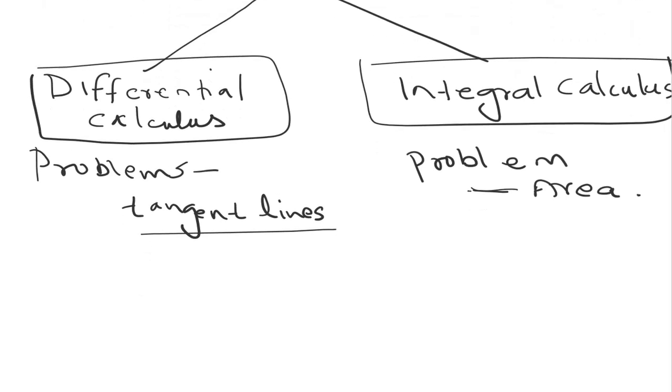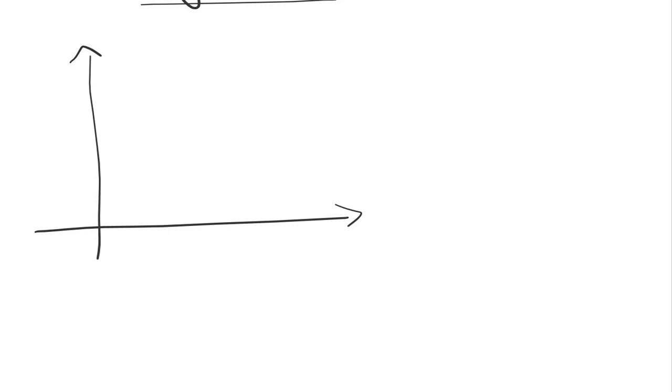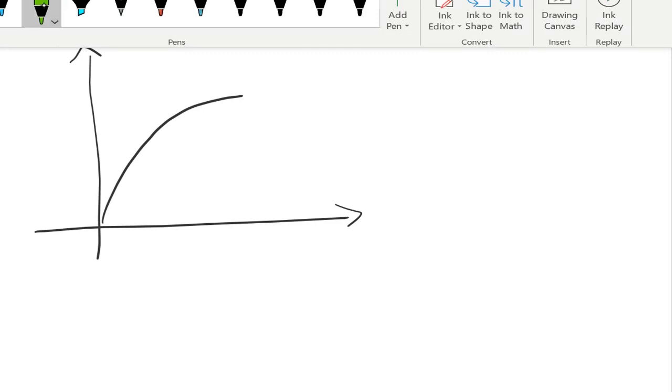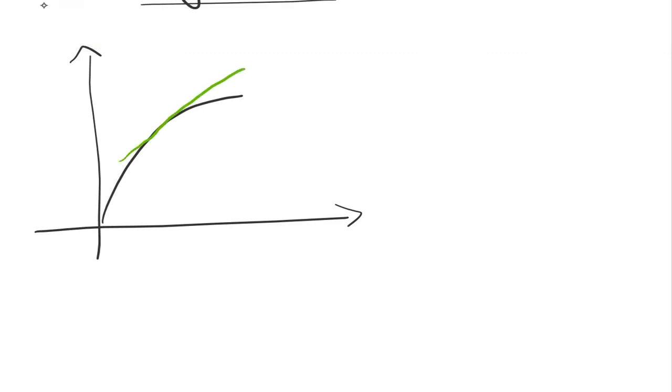To make that point clearer, I'll explain with the help of a graph. Suppose we have the x-axis and the y-axis, and this is the curve, the function f of x. Then I can draw a tangent line at this point.